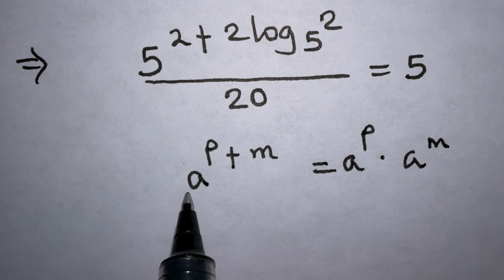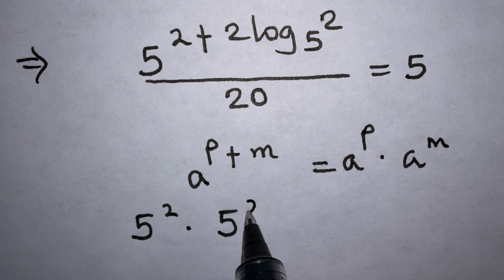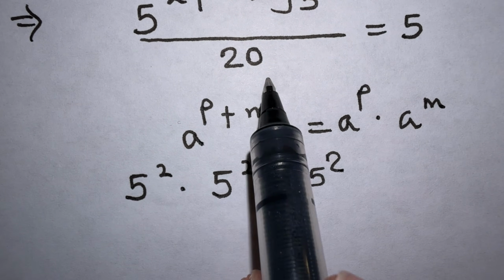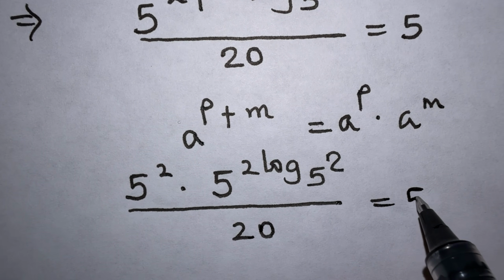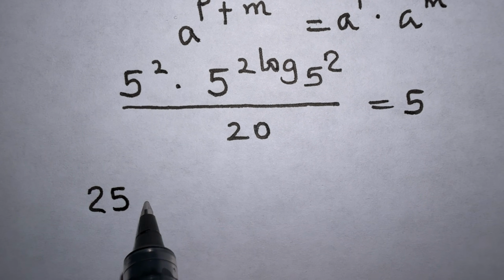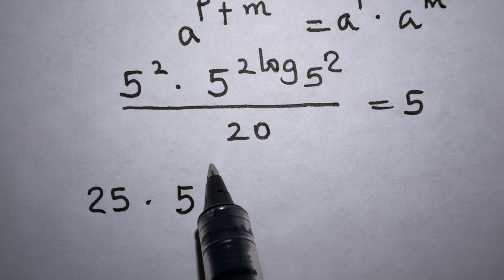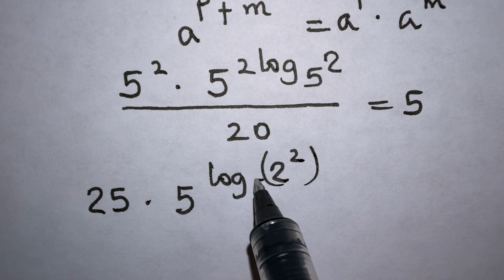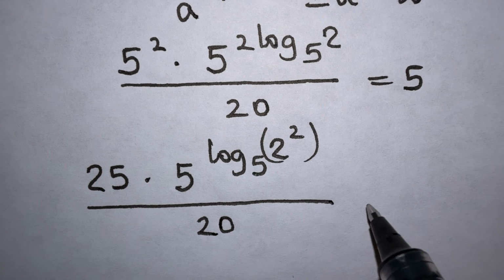So this becomes 5 raised to power 2 times 5 raised to power 2 log 2 base 5, then divided by 20 to give us 5. 5 raised to power 2 here is 25, then times, instead of saying 5 raised to power 2 here, we can write this as 5 raised to power log 2 raised to power 2 base 5, then divided by 20 to give us 5.